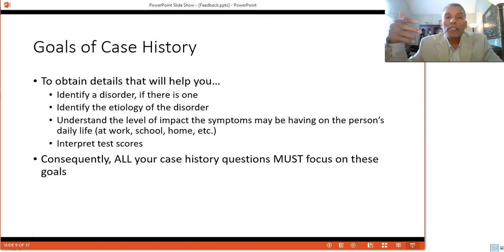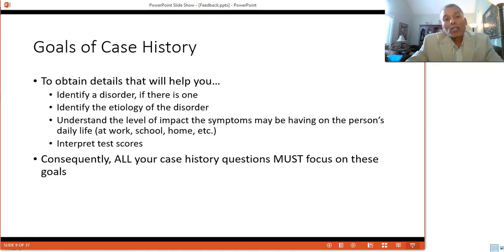If you don't give someone the opportunity to learn or develop like you give everyone else, then you can't call them disabled. So environmental deprivation is a big thing.